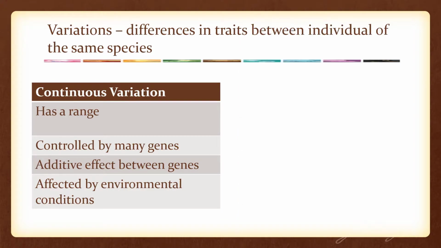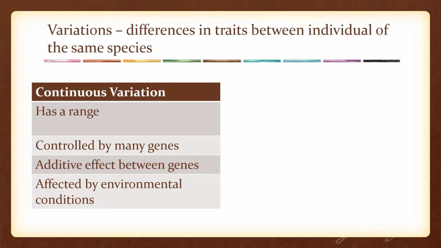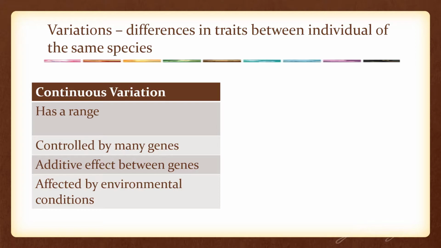So we have people whose height is 140 and maybe all the way up to 2 meters plus. There will be heights in between, for example, 161.2, 161.3, 161.4 cm, and so on. It is continuous. There is a range.